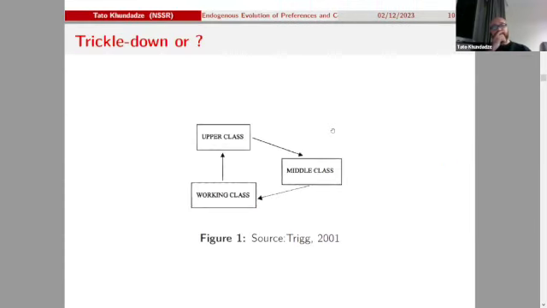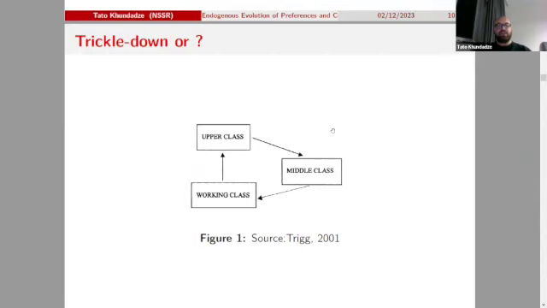But another important thing in terms of conspicuous consumption, and there is a debate regarding this, is whether it is a trickle-down effect. Does it mean that only lower income groups are emulating higher income groups, or may we have different dynamics?